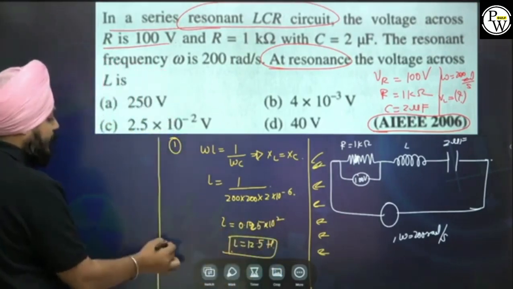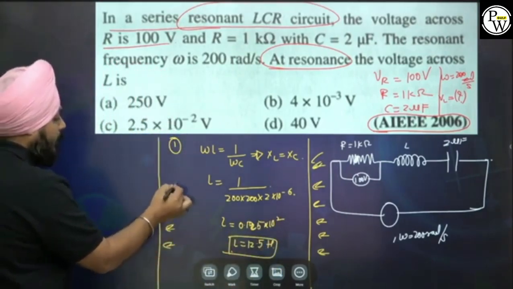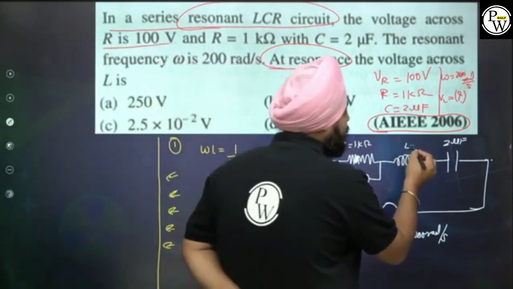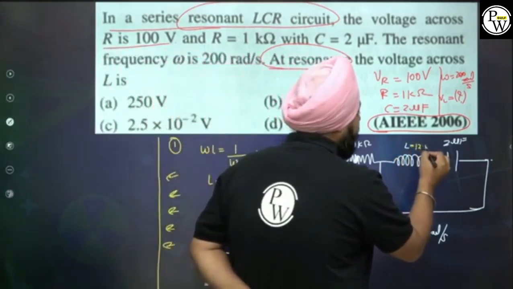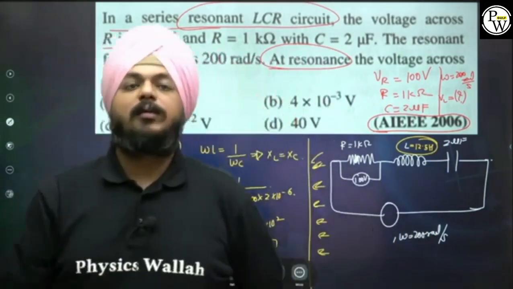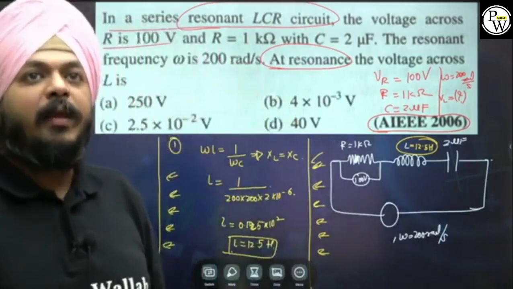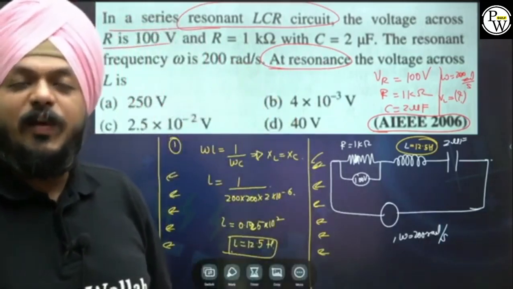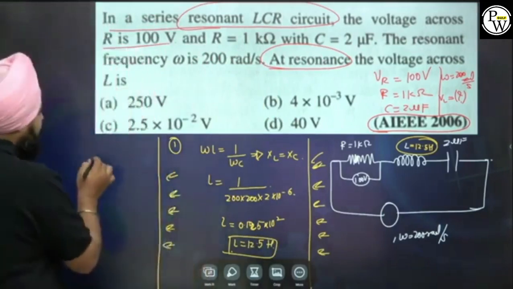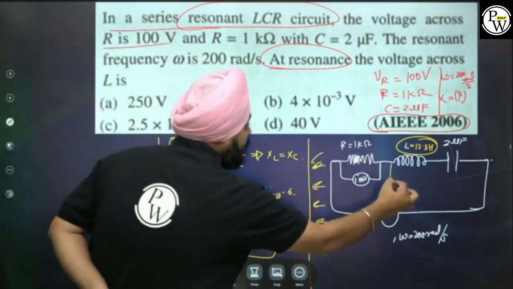First step successfully completed. The value of the inductance of the inductor connected to the circuit, we got as 12.5 Henry. Now the second step: we need to calculate the voltage across the inductance, VL.